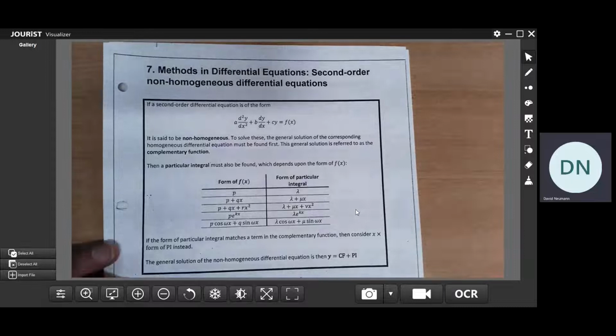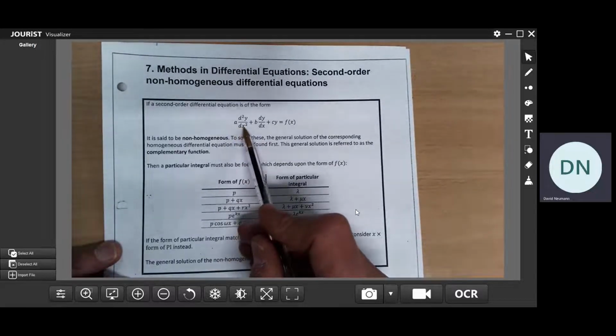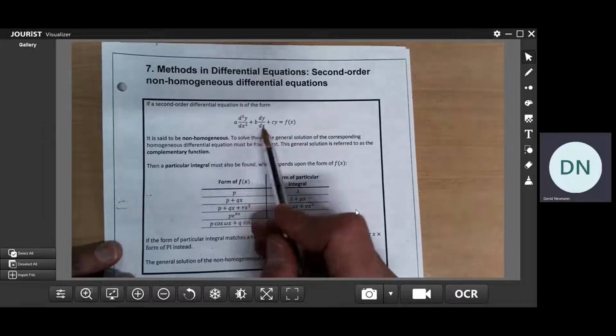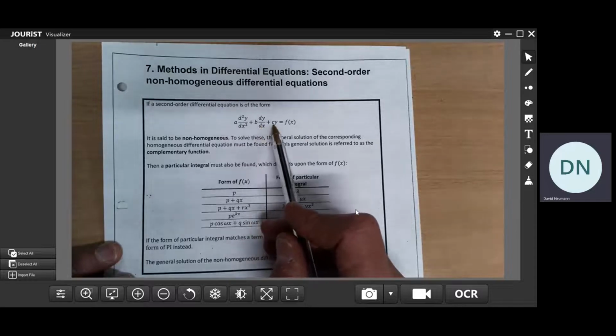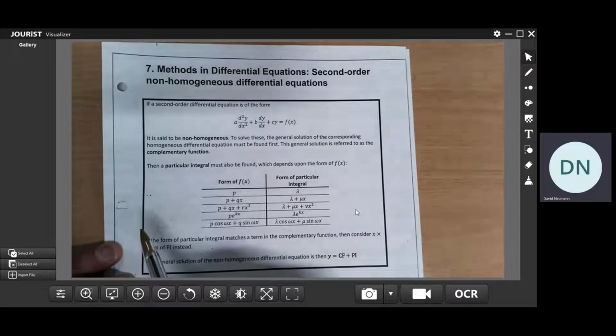Those are going to be equations of the form we saw before: a constant times the second derivative plus another constant times the first derivative plus a constant times y equals, and then on the right hand side we're going to have various different kinds of functions of x.